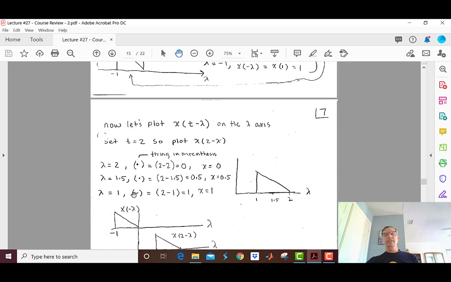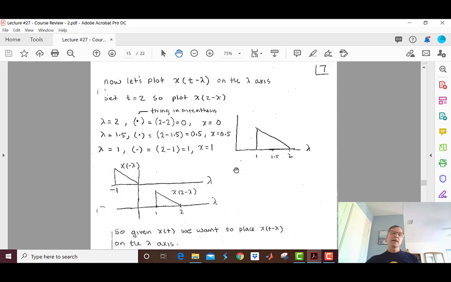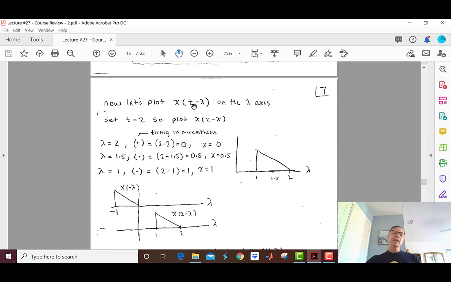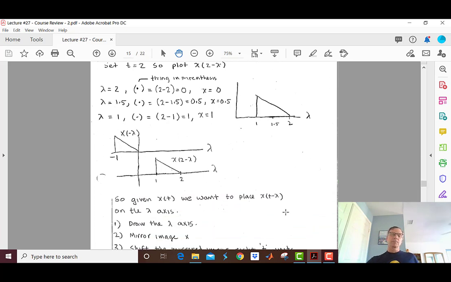And now we're starting to see how the movie plays out here. And we can see that adding this t in here moved our function over to the right by 2 units, didn't it? Here's x of minus lambda. Here is x of 2 minus lambda.